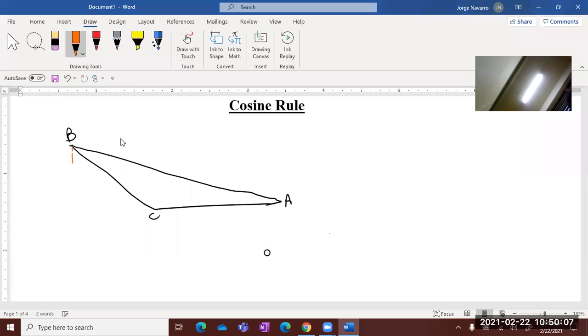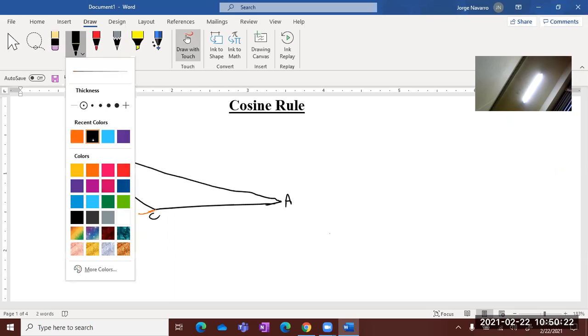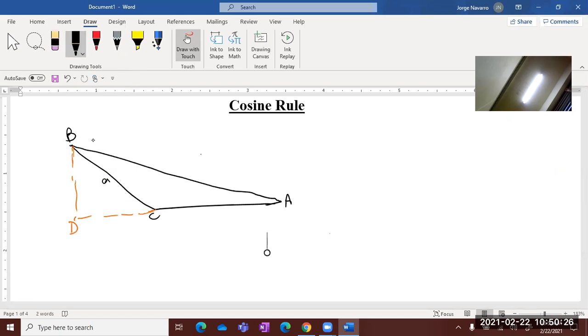So I'm going to make this a right angle triangle. I'm going to extend it, right? So this is D, all right? Note one thing though, from the original triangle, this is side A, this is side B, and this is side C. You need to know this as we go along. So I'm just putting it there.